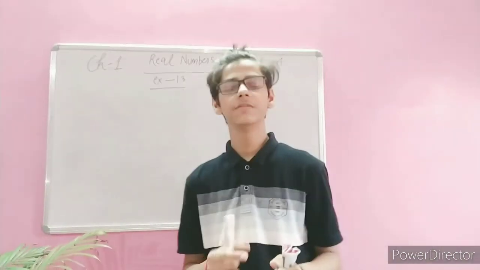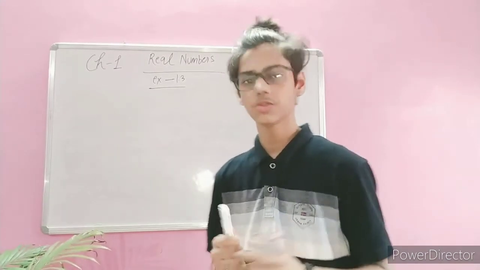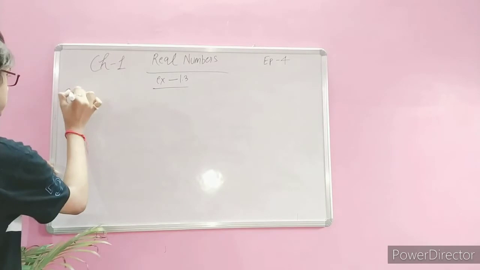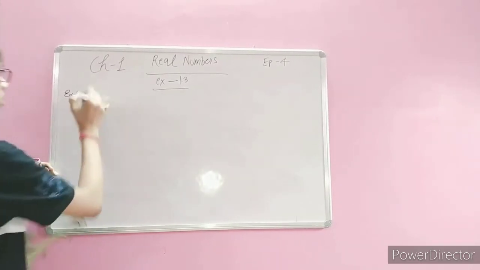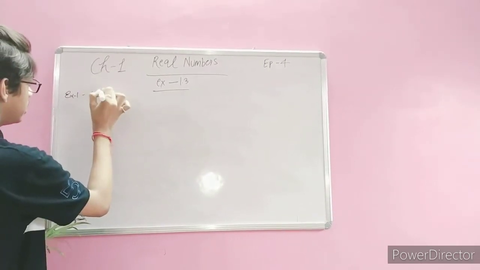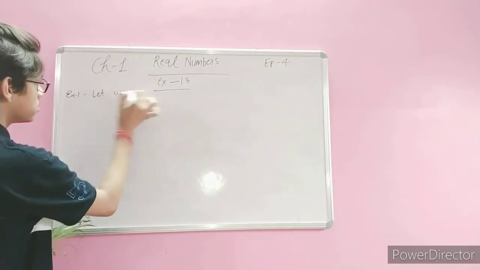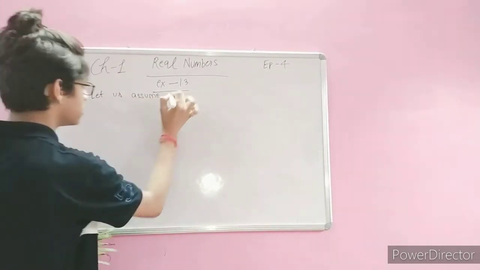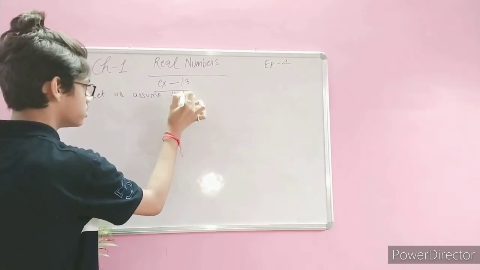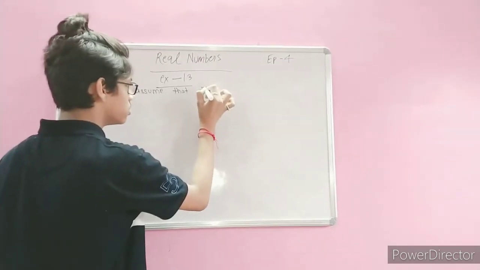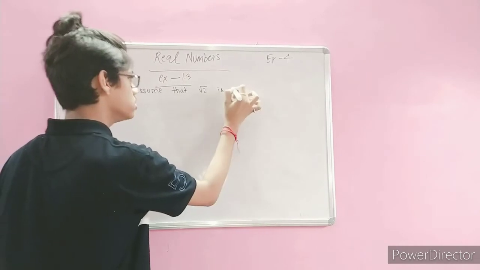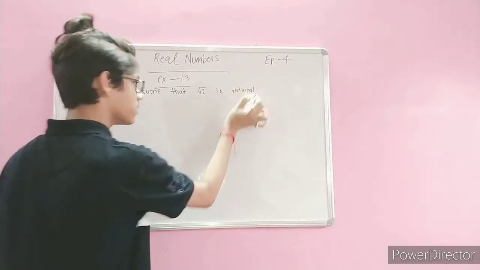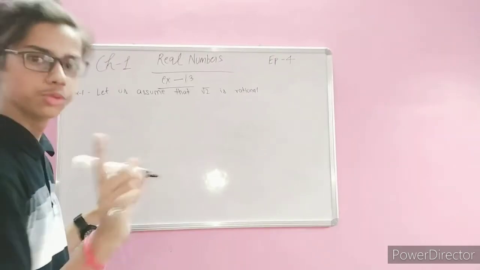So here we will use the contradiction method. So we will write, let us assume that root 2 is rational. Okay, we are assuming that root 2 is rational.